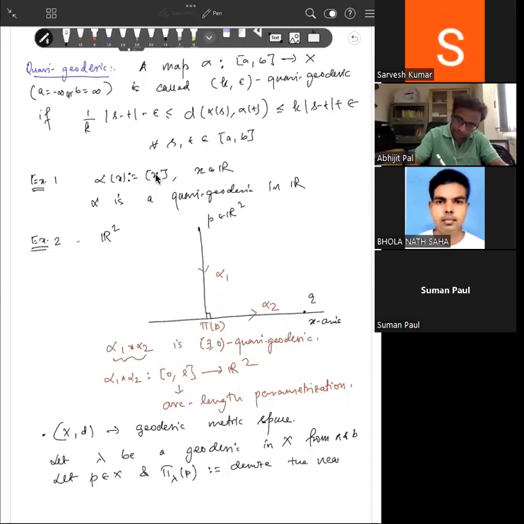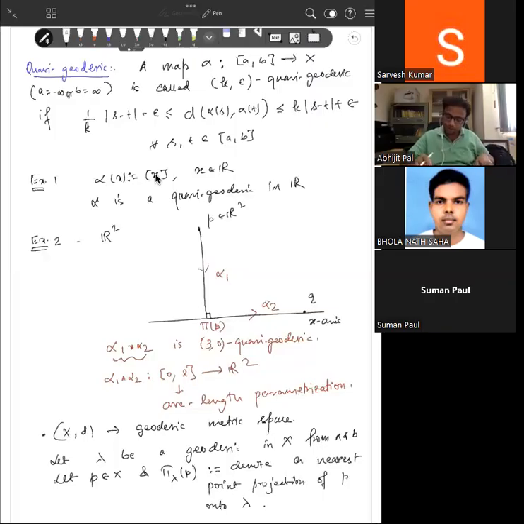In fact, there can be many. So it is the nearest point projection or closest point projection of P onto lambda.